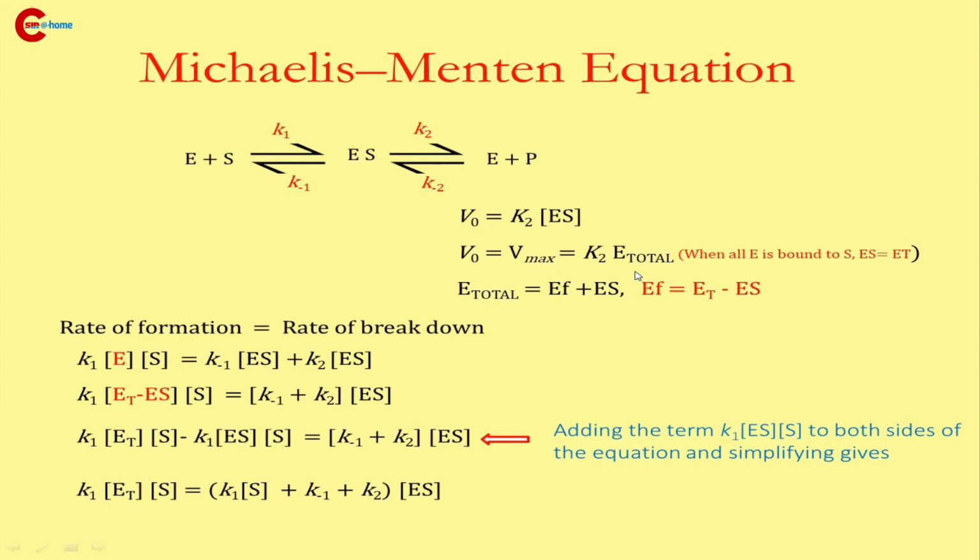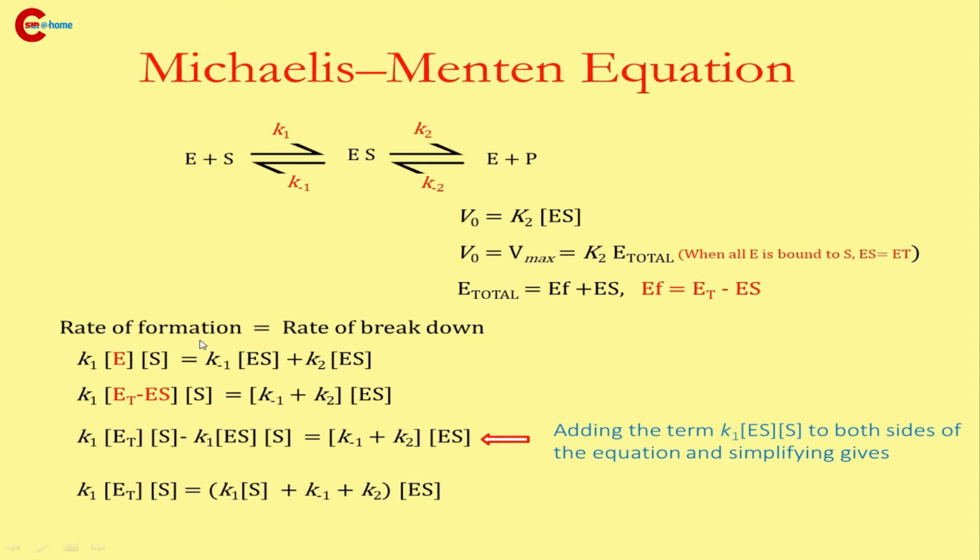E total is equal to free enzyme plus enzyme-substrate complex. How much free enzyme is present we can calculate by this equation: EF is equal to ET minus ES.